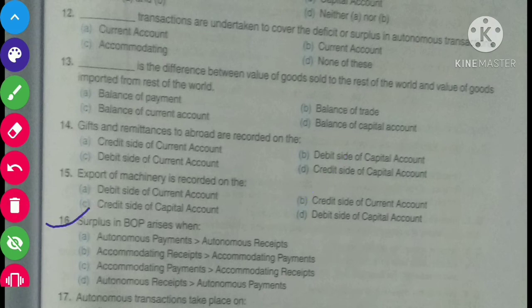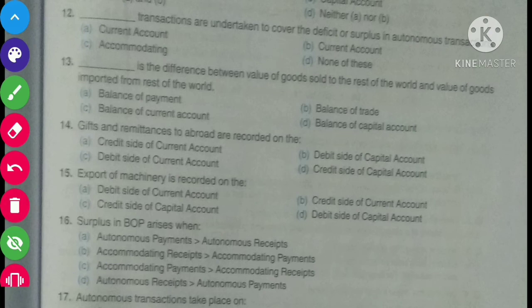Surplus in BOP arises when option A, autonomous payment greater than the autonomous receipts. Option B, autonomous accommodating receipts greater than the accommodating payments. Option C, accommodating payments greater than the accommodating receipts.